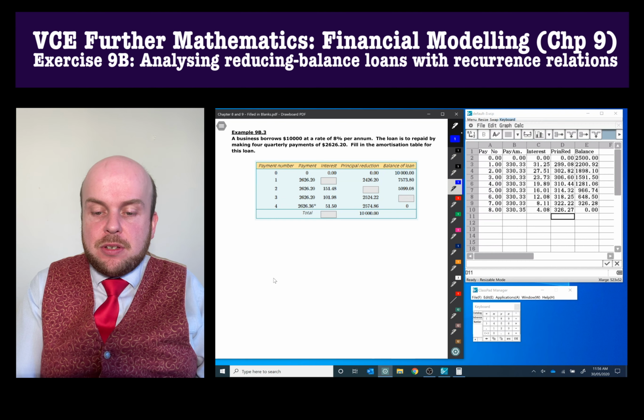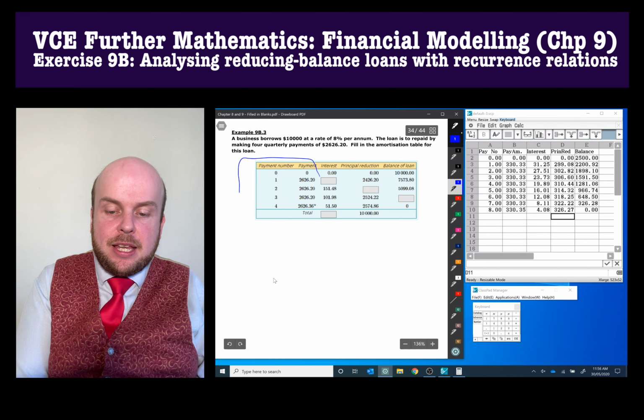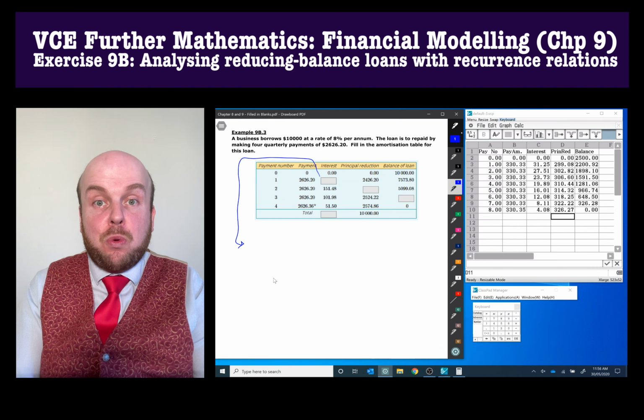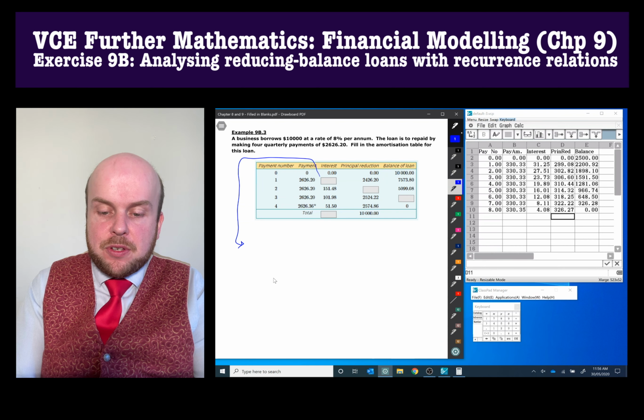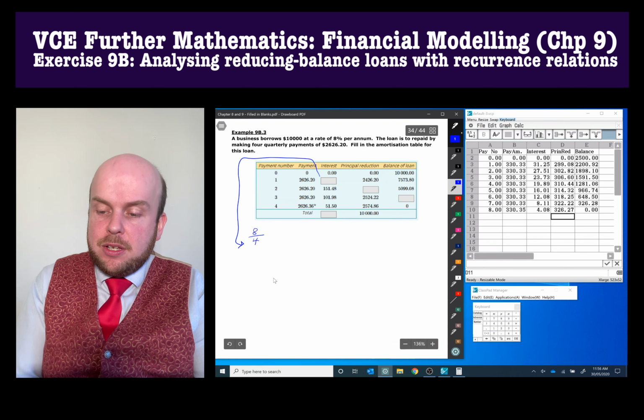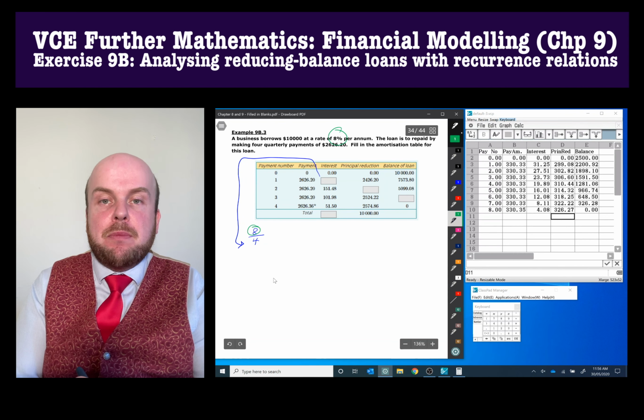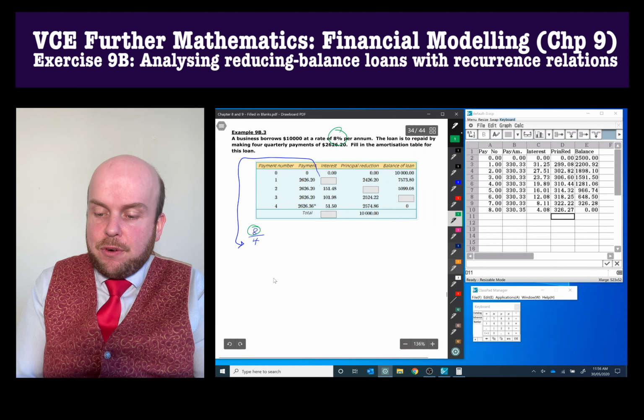So the first one to do is this interest here. So we need to calculate the interest. It's being made as quarterly. So first of all, this is going to be 8 divided by 4. So where did I get the 8 from? That was from the 8% per annum. Where did I get the 4 from?